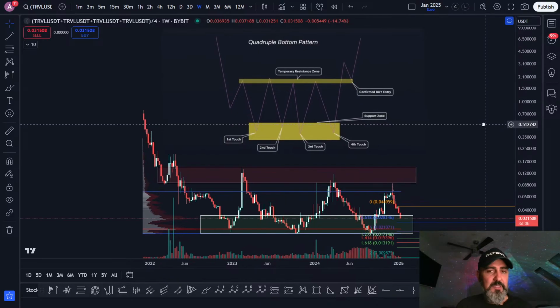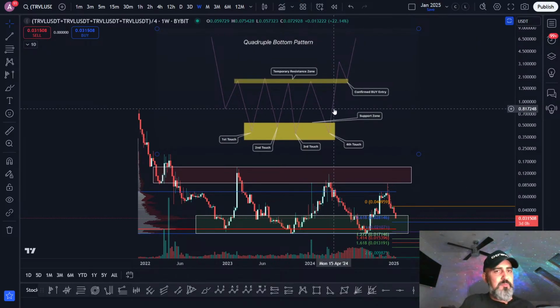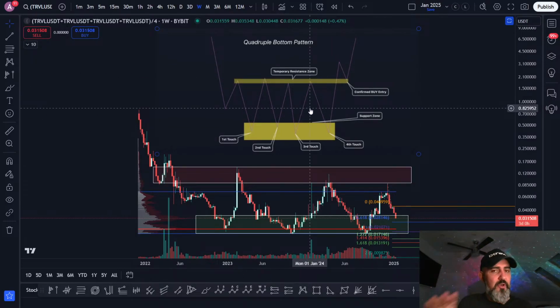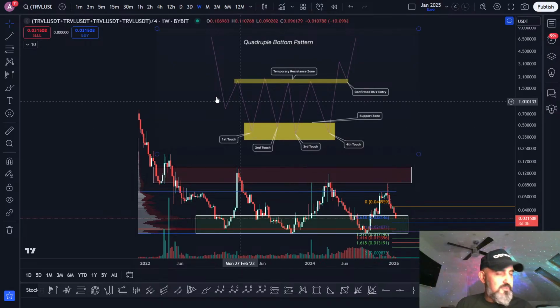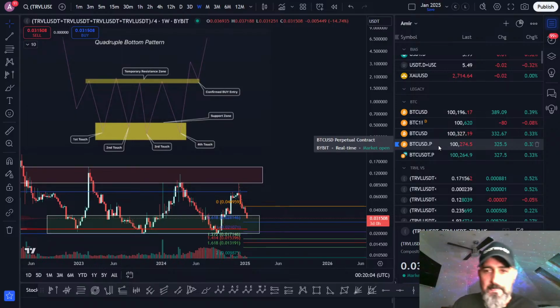Usually it's a triple bottom. Sometimes you get quadruple bottoms and the fourth bottom is just a small kind of blip. It's kind of like a quadruple top of Bitcoin. So the example that I can give is this.